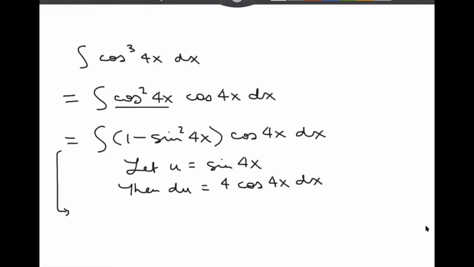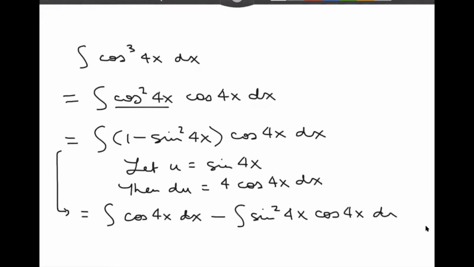I'm still going to use this substitution, but before I do, I want to break this into two separate integrals. So if we distribute cosine 4x dx, we're going to get the integral cosine 4x dx minus integral sine squared 4x cosine 4x dx.